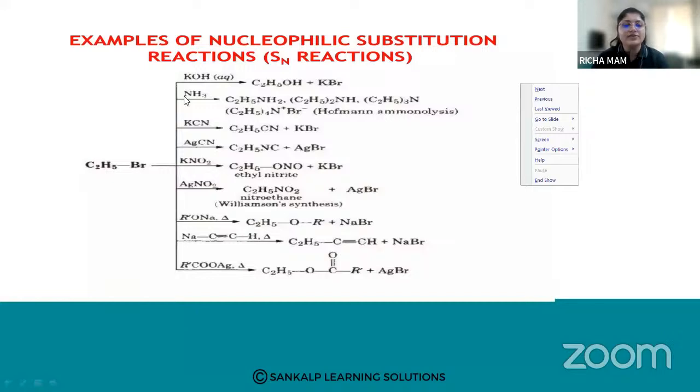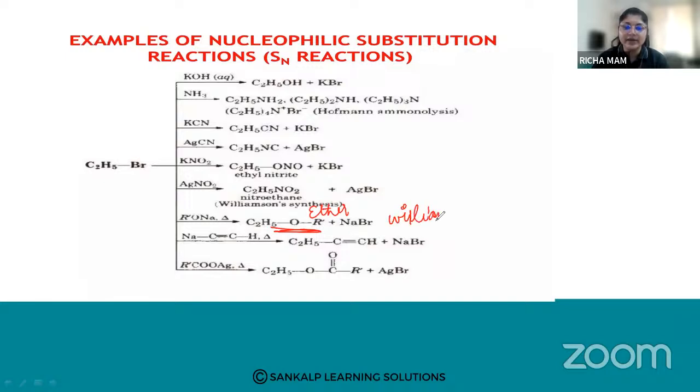Now when we treat the alkyl halide with sodium alkoxide, what are we obtaining? We are obtaining the ether, and this named reaction is called Williamson ether synthesis.